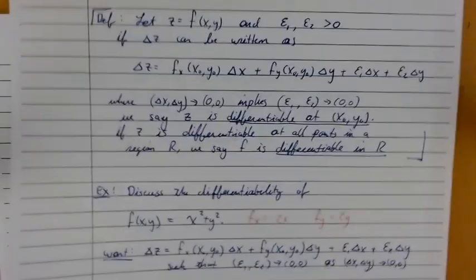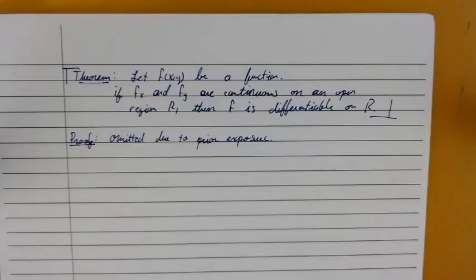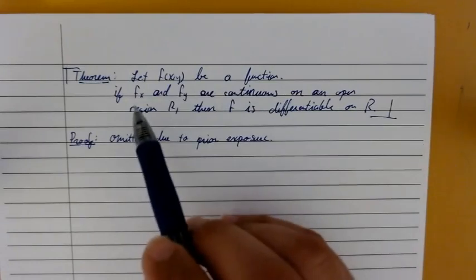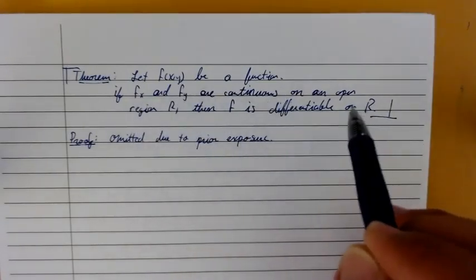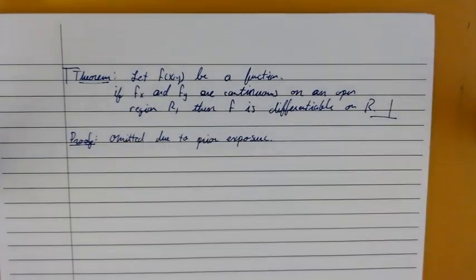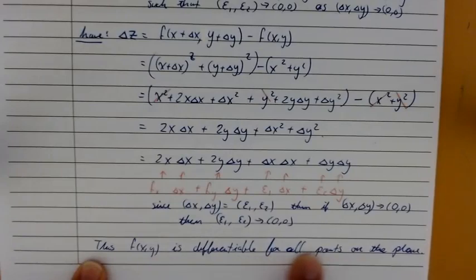Where are they continuous? Polynomials are continuous for all real numbers. So I have a function whose partials are continuous on the whole plane, and in that case, f is differentiable on that same region. Thus, f is differentiable for all points on the plane.